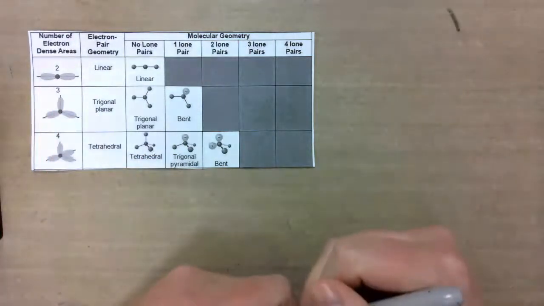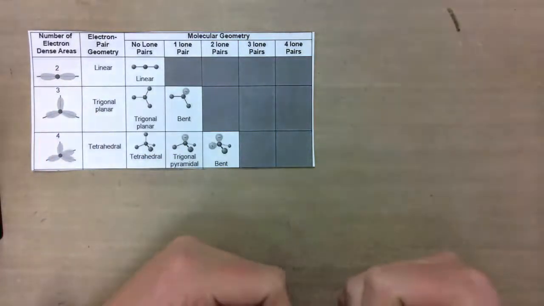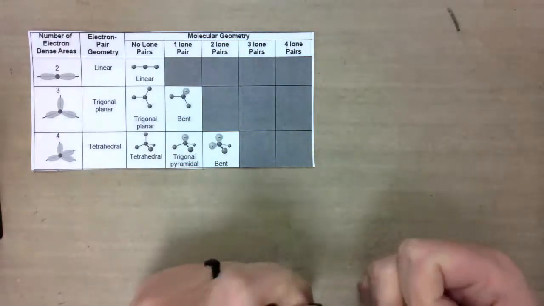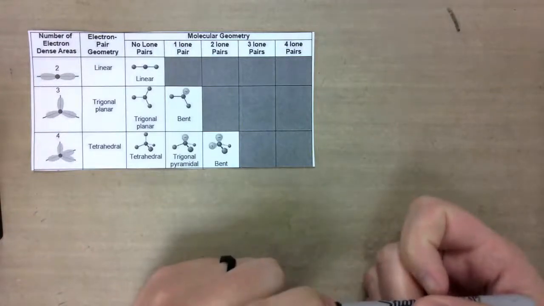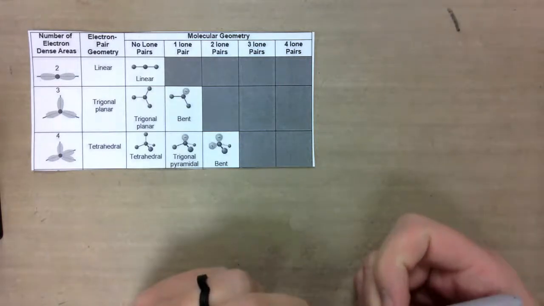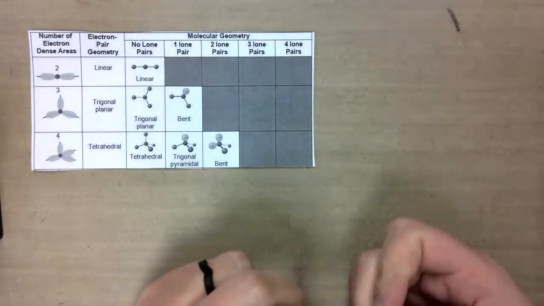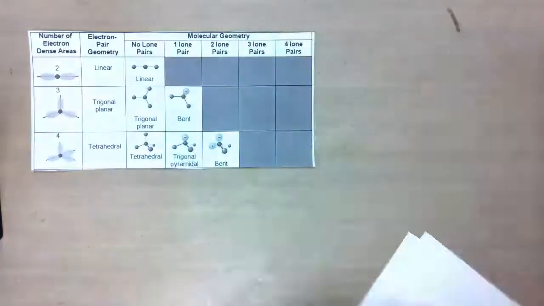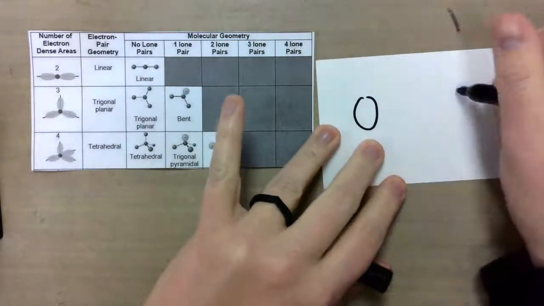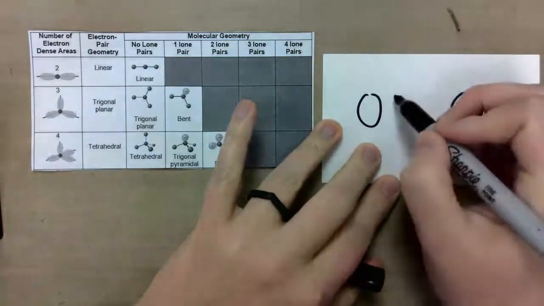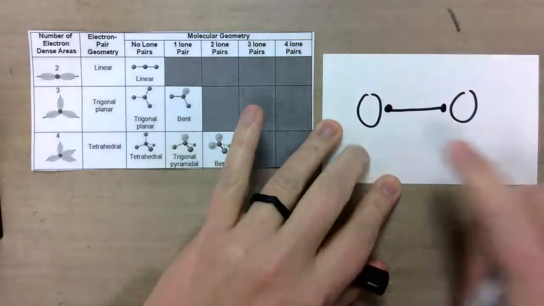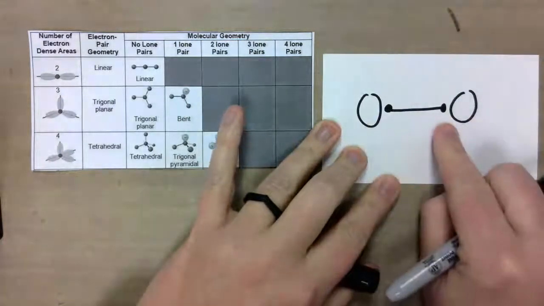Now remember that an electron dense area can represent a bond, it can represent a double bond or a triple bond too, or it can represent a set of electrons that aren't attached to anything, and we call that a lone pair. The reason why a double bond or a triple bond counts the same is because if I am drawing, let's say I have two atoms, and I have a single bond that connects them, that represents a pair of electrons that's stuck between these two atoms.